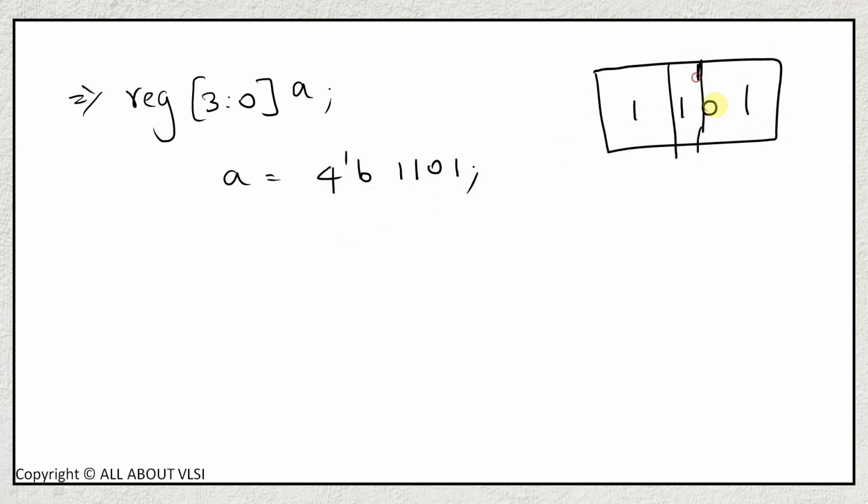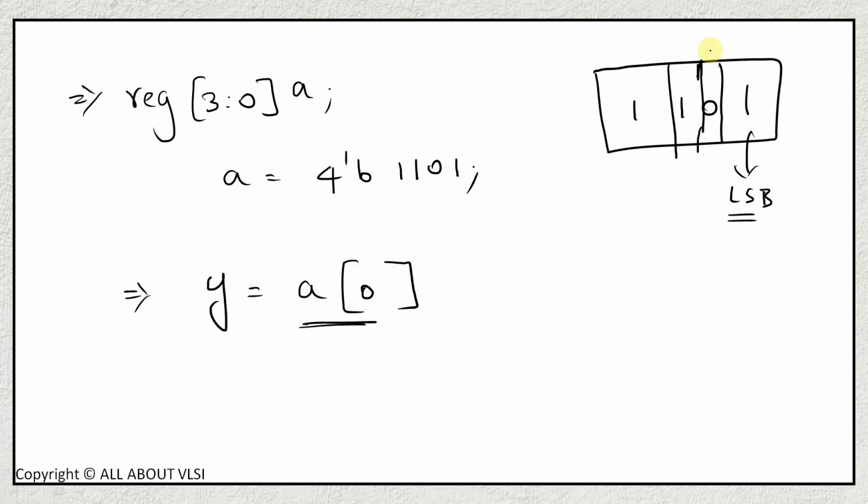Now if you want to access only your LSB bit and store it in another variable, let's say y, what we can write is y is equal to a of 0. So we are basically slicing our vector. We are only accessing the LSB bit and storing it in another variable.